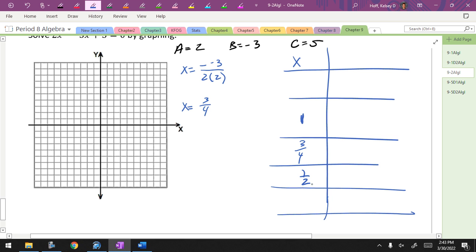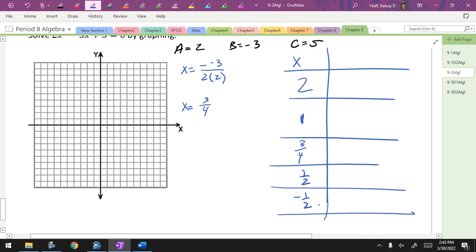Then what are you going to do? I would go 2. So what's 1 away from now this way? -1/2. Yes?